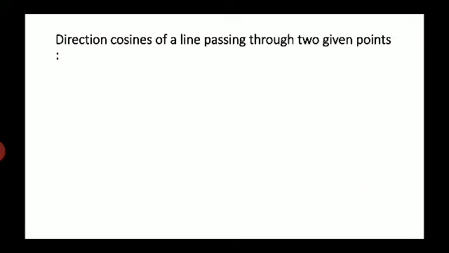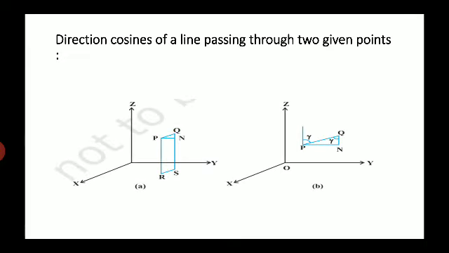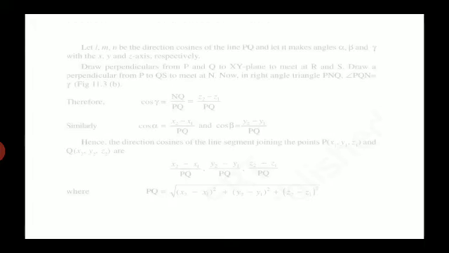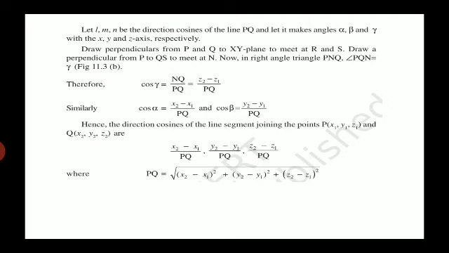Now we will discuss direction cosines of a line passing through two given points. For this, we will consider a 3D coordinate system and consider these diagrams A and B. Let l, m, n be the direction cosines of the line PQ; it makes angles alpha, beta and gamma with x, y and z axis respectively.